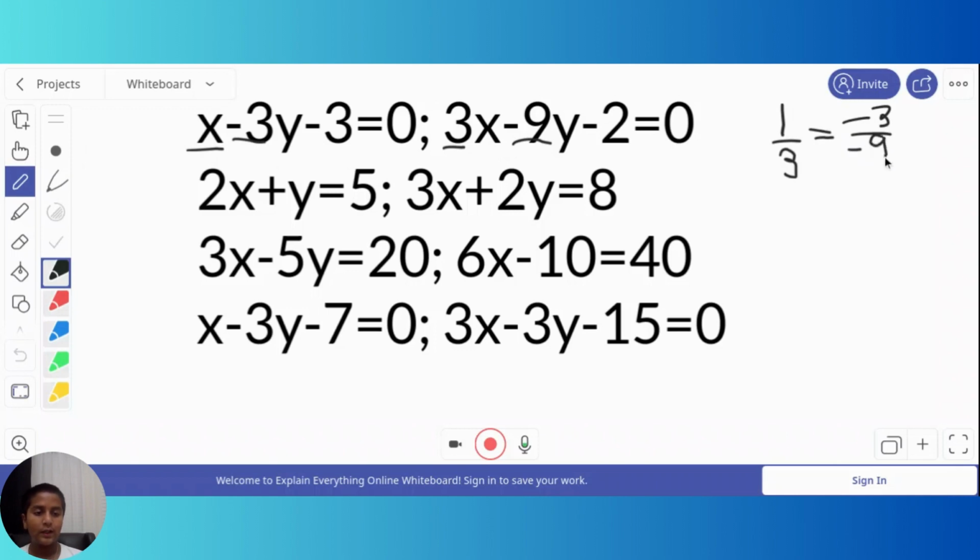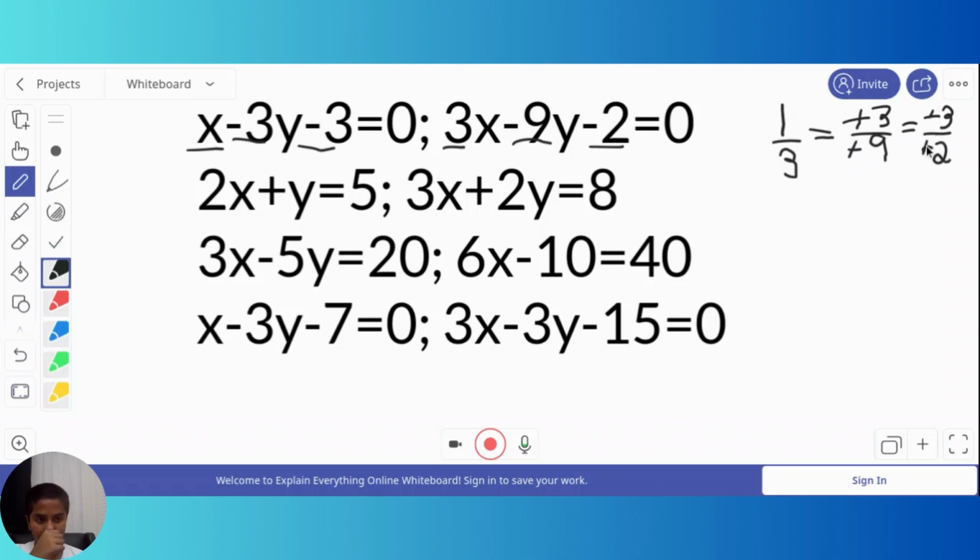You can tell that this is equivalent because you can cross out the negatives, since a negative divided by a negative turns into a positive. So that's just 1 over 3 equals 3 over 9, and then -3 over -2, where again you can cross out the negative symbols.